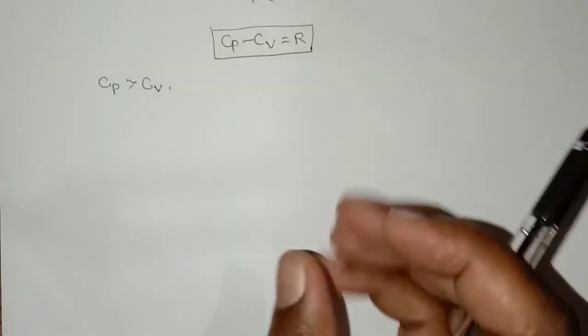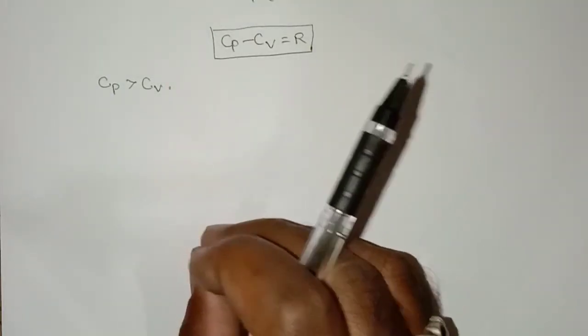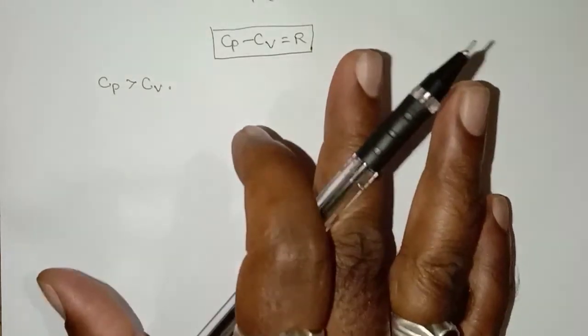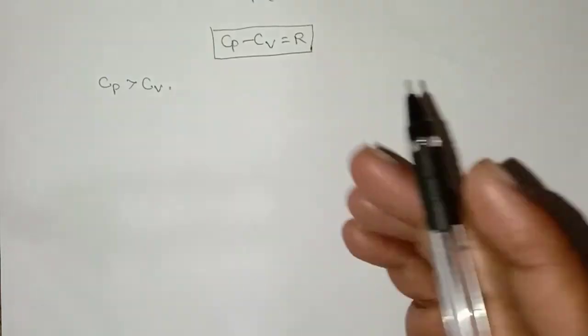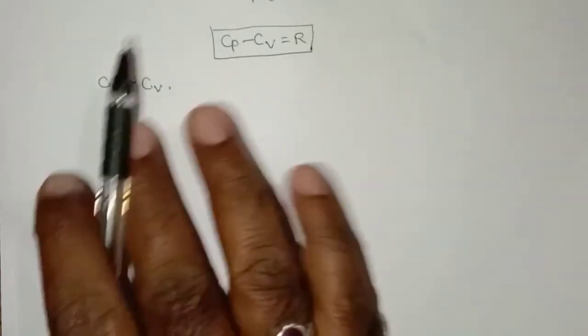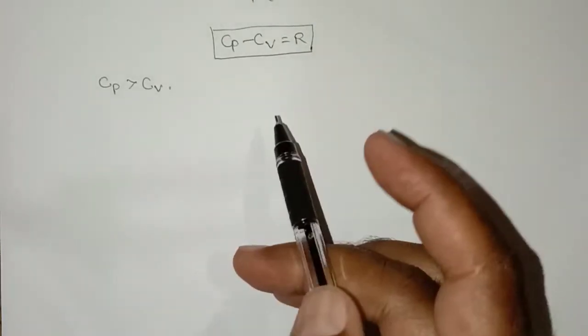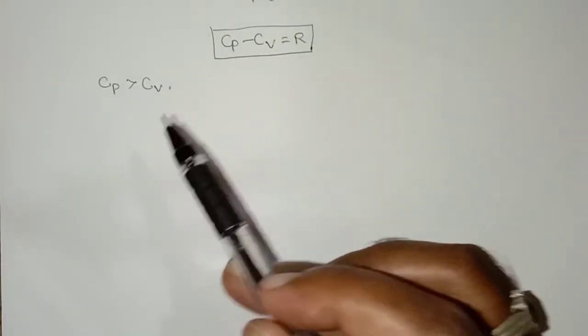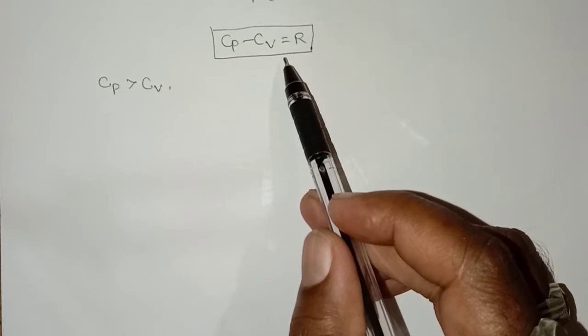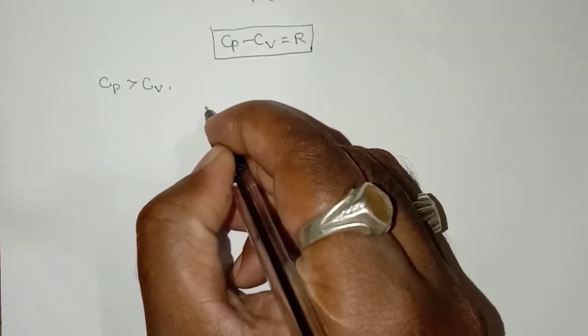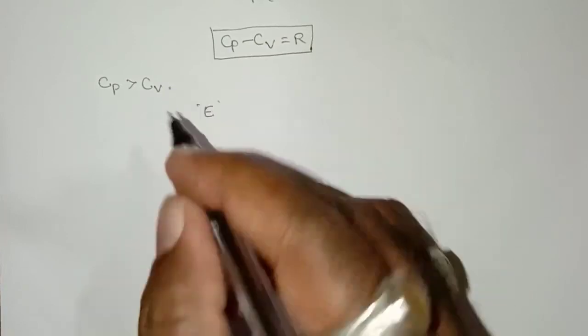What we used to say, work is the amount of energy exchanged between system and surrounding that causes change in volume. But when you keep volume constant, no work is done by the system or on the system. In other words, whatever heat we supply to the gaseous material will be used to increase the value of internal energy only.